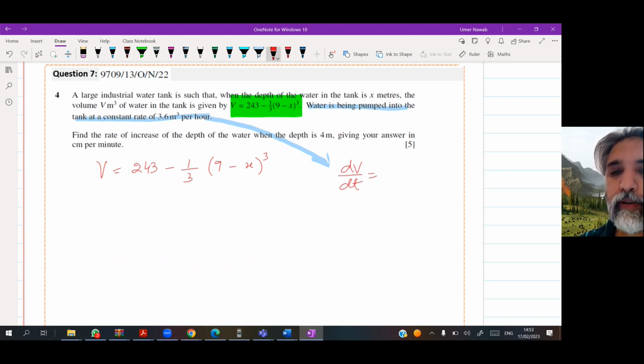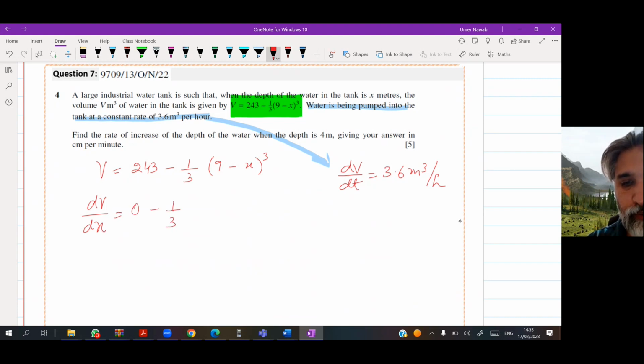Yeah, that's why the rate will be positive: dV by dt equals 3.6 meter cube per hour. Good. I'm going to find from here dV over dx: 243 derivative 0, minus 1 over 3, chain rule, 3 goes back, (9 minus x) squared. The further derivative of 9 minus x will be minus 1.